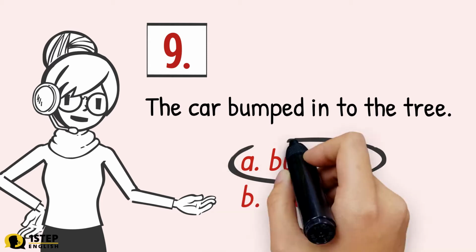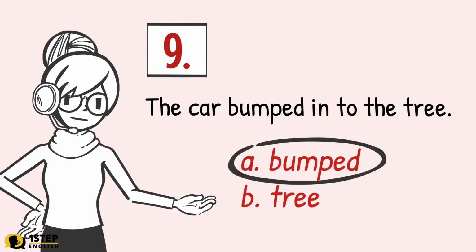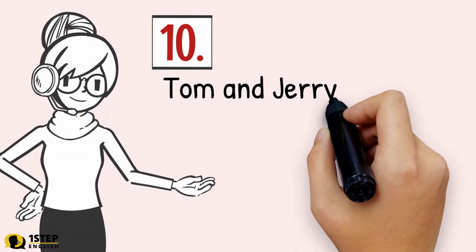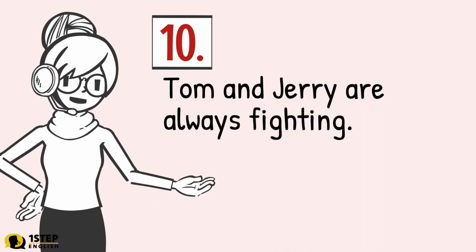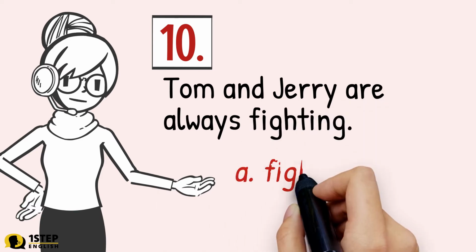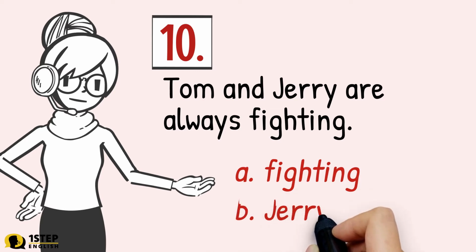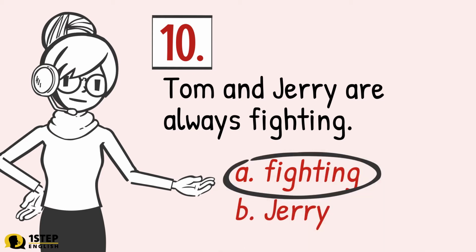The correct answer is letter A. Bumped. It is a predicate in the sentence. Tom and Jerry are always fighting. Letter A. Fighting. Letter B. Jerry. The correct answer is letter A. Fighting. It is a predicate in the sentence.